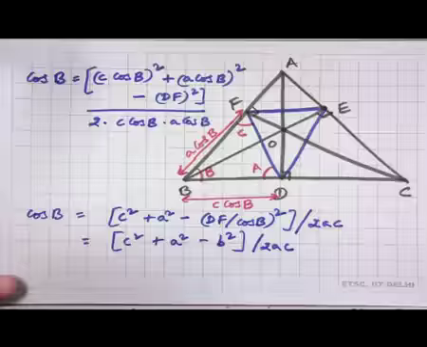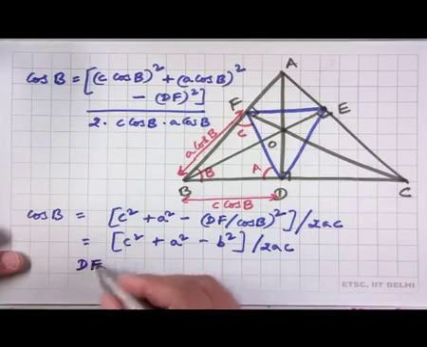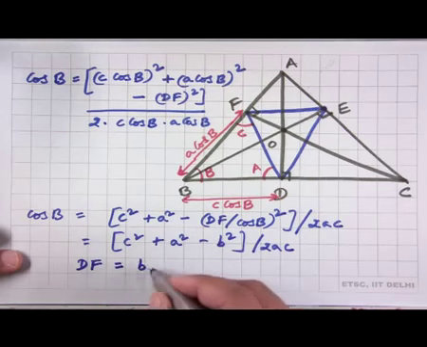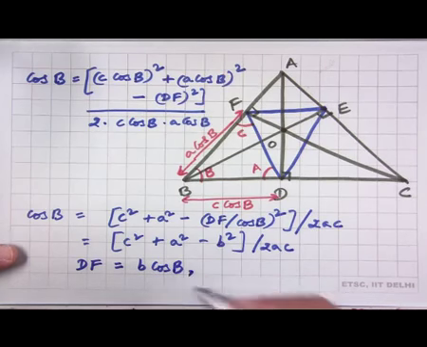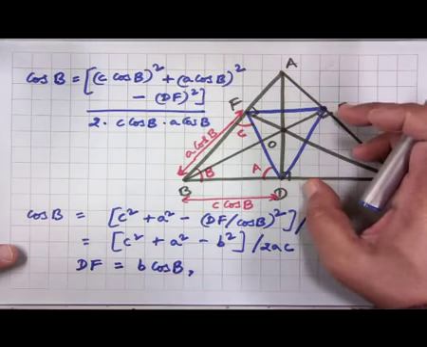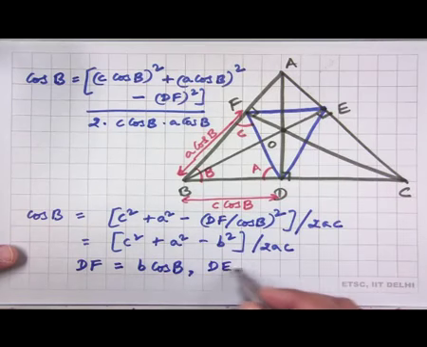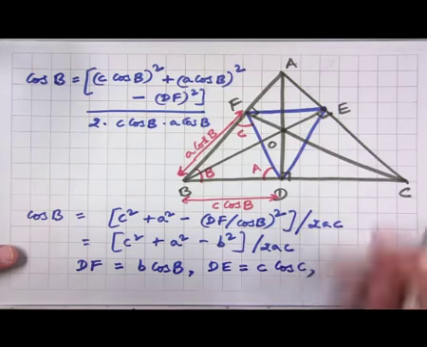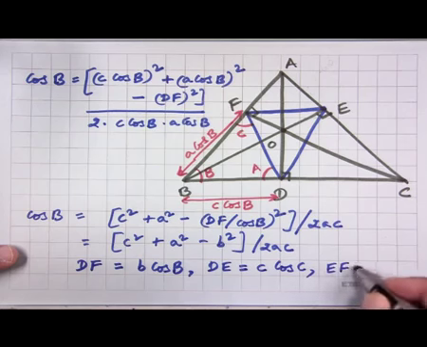So, if we simply compare these two, then we easily get that this side DF of the pedal triangle is equal to b times cos B. In a similar manner, it can also be shown that the other two sides are, so the side DE has a length equal to c times cos of C, and this remaining side EF has a length equal to a times cos of A.